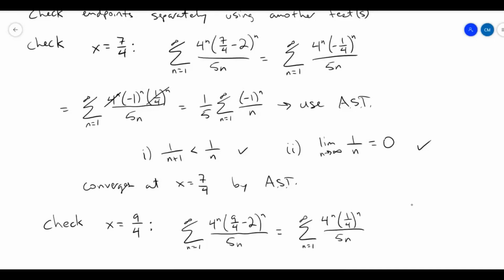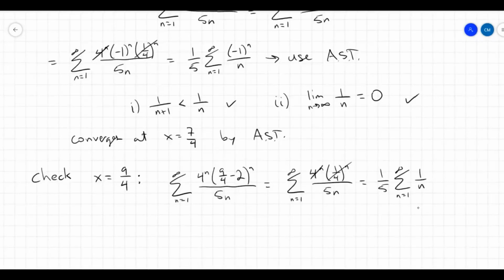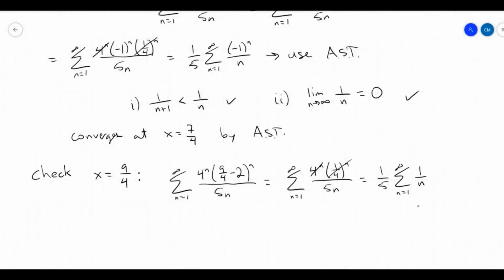In this case, I don't have a negative, and that's just going to cancel. And here you can just take the 1/5 out again, and you're left with 1 over n. Now that is the actual harmonic series. I don't think I mentioned that before. It's just a p series with p equal to 1, and that's the perfect explanation for why it's going to diverge.